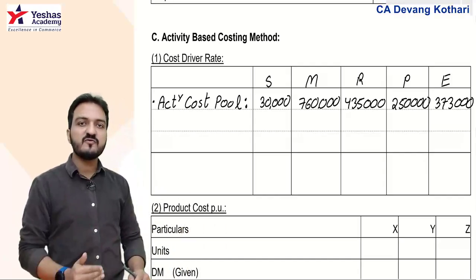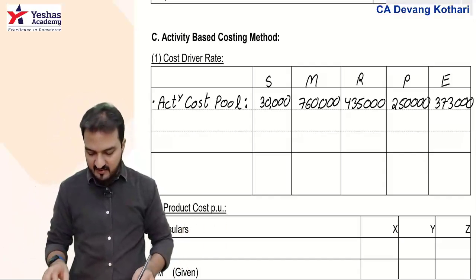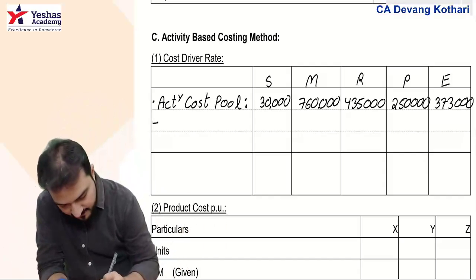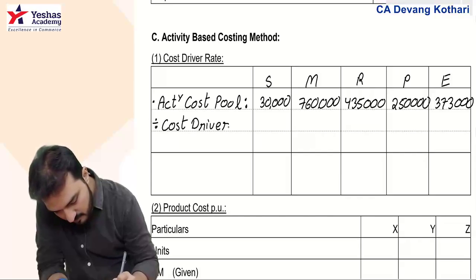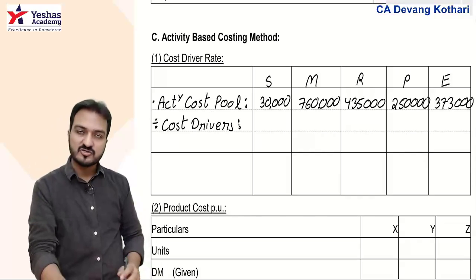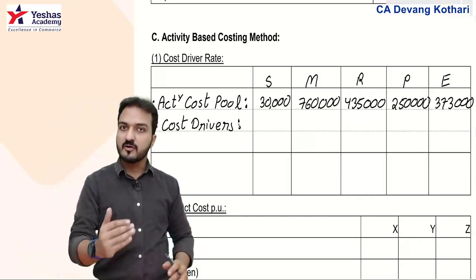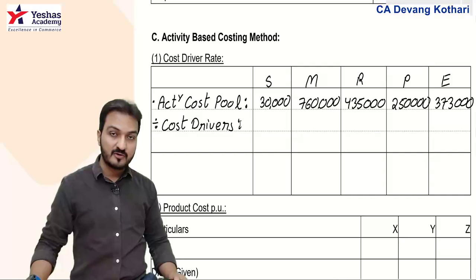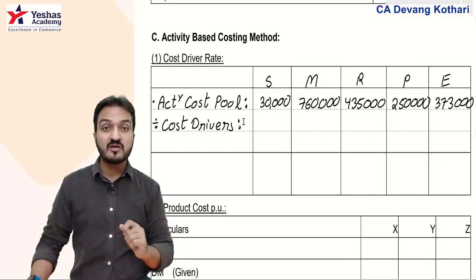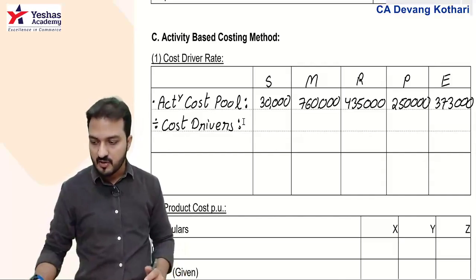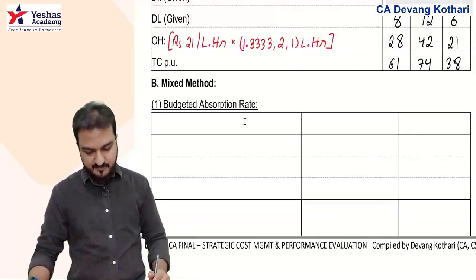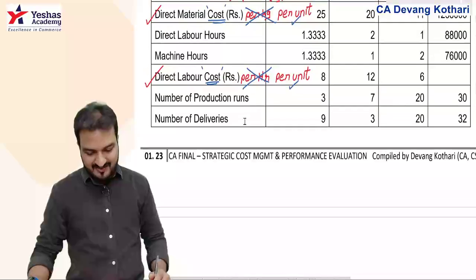In that you divide the cost drivers. So this activity cost pool, divide by cost driver. For setup activity, what should be the cost driver? I told you setup cost depends on the number of times you run the production. That is number of production runs. Search out in the question.